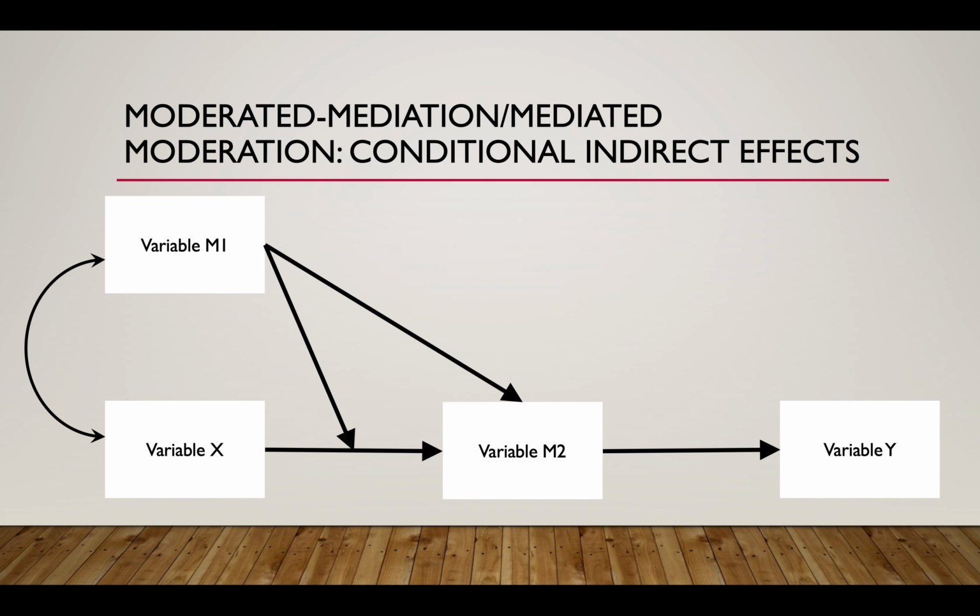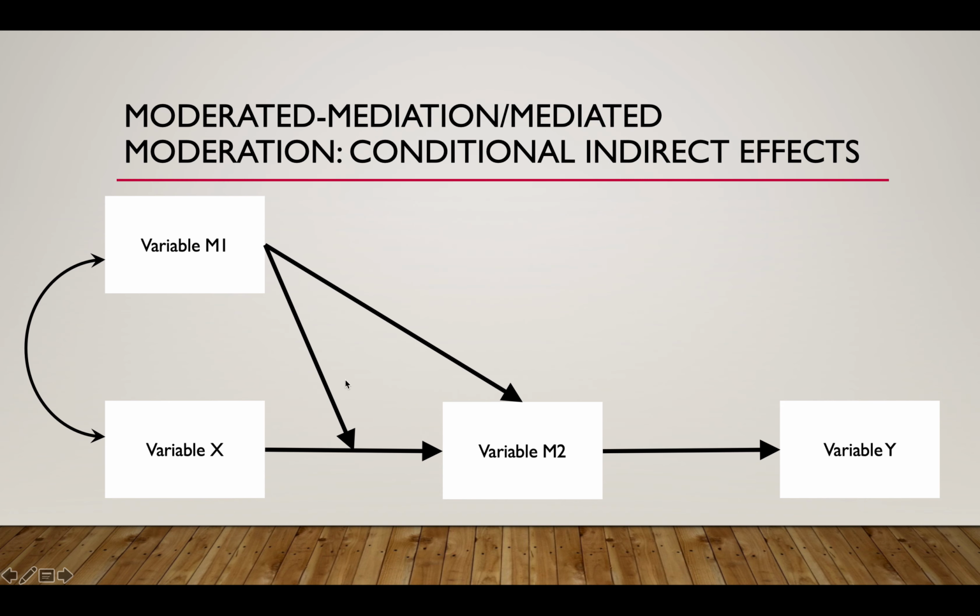Some people will call this W1 because M can be confusing if you have a moderator and a mediator. I'm just calling it M1 here as the moderator and M2 as the mediator. And so in this case, you have M1 predicting M2 and M1 predicting the relationship between X and M.